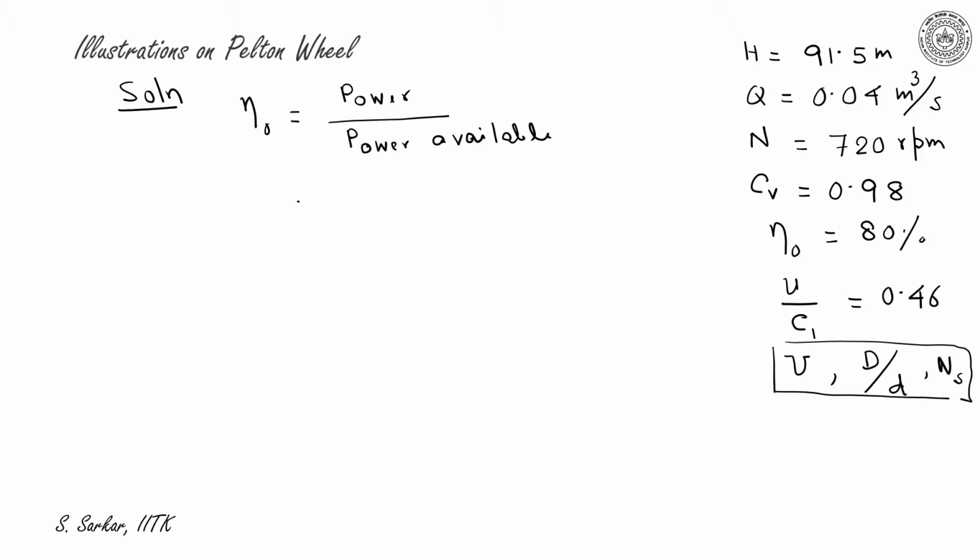So I can write power developed as P. Power available I can write as mass flow rate into g into H. That can be written as density into Q, the volume flow rate, g into H, where H is the available head. So thus I can say P is equal to eta 0 rho Q g H.